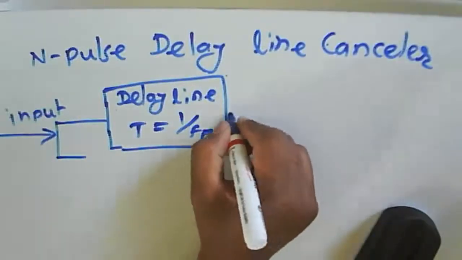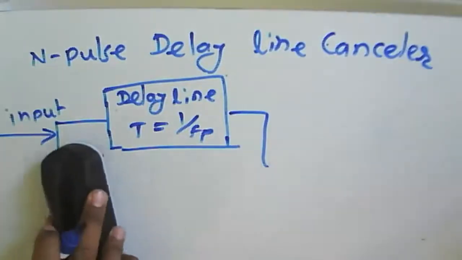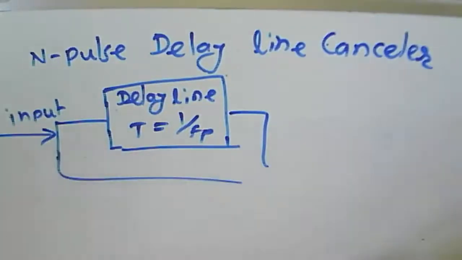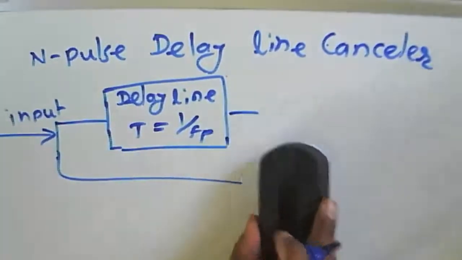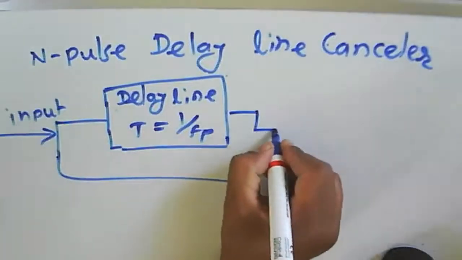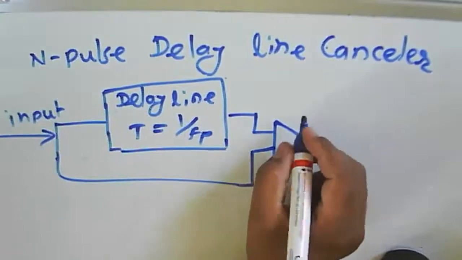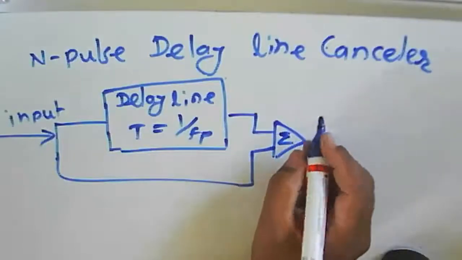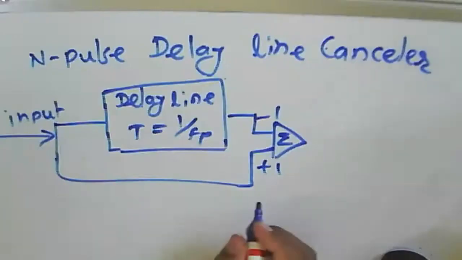Then we get the output from this, and this will be the input. We are just summing it, and the summation takes the weights -1 and +1.